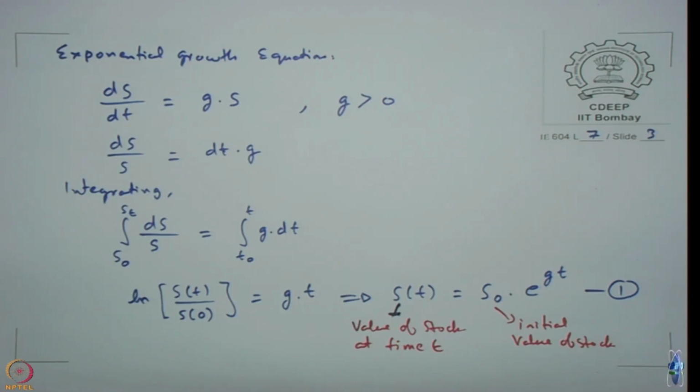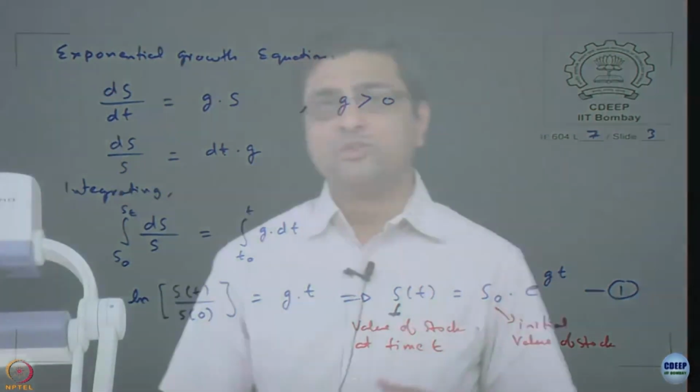Okay, let me introduce this one. You can remember this, s at time t is s naught into e power gt. It is not that we always use this fractional growth rate g, we also define something called a time constant.